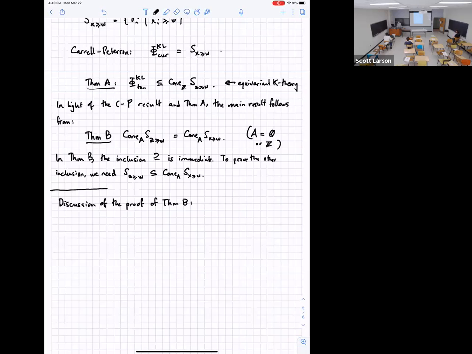We want to introduce and relate various notions of indecomposability.